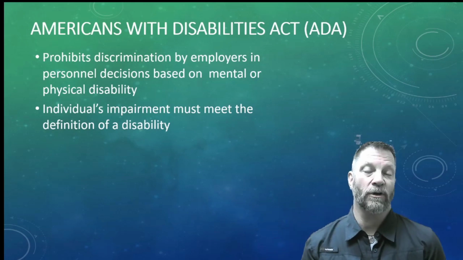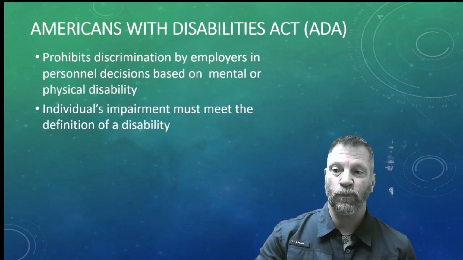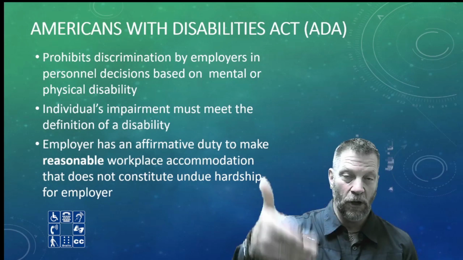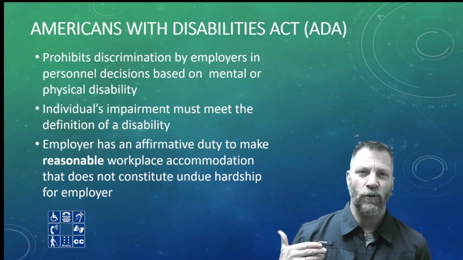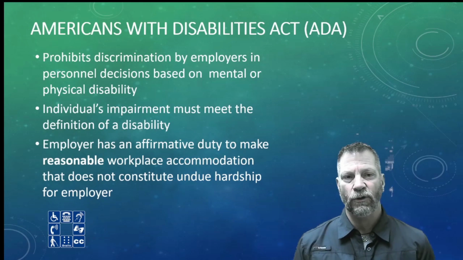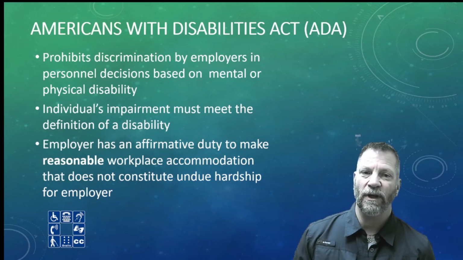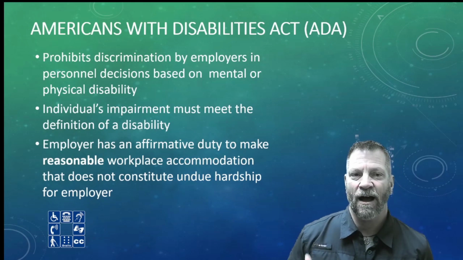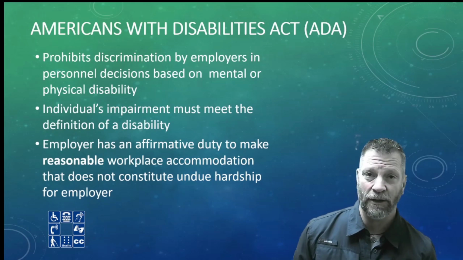Now, if you need some sort of accommodation, which is the next part of this, once it's known that you have a disability, the employer has an affirmative duty to make reasonable workplace accommodations that do not constitute an undue hardship on the employer.